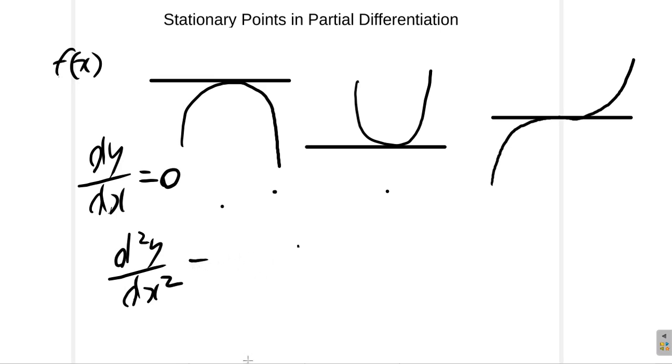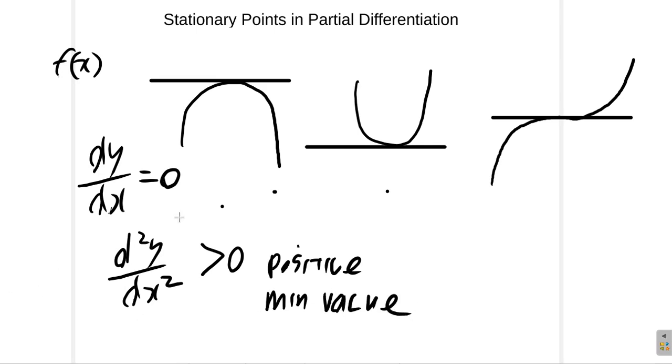If d squared y by dx squared was greater than 0, in other words, positive, that was a minimum value. Because remember, as you go from left to right, the tangent turns from negative to positive when you pass the minimum point.